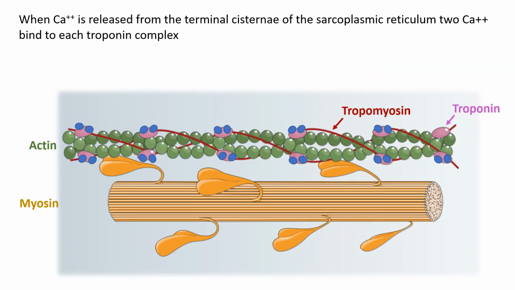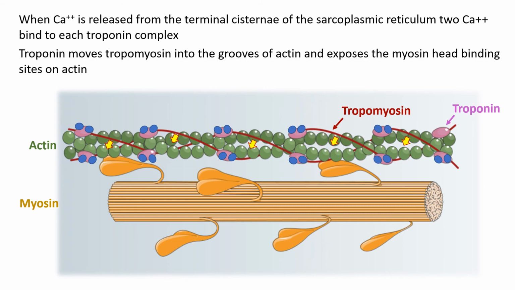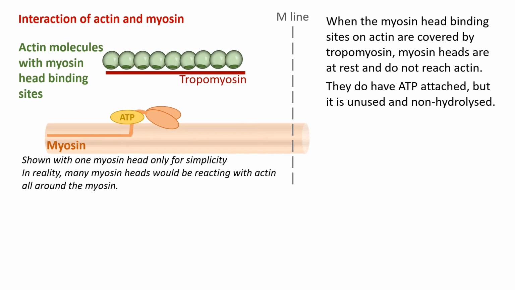So when calcium is released from the terminal cisternae of the sarcoplasmic reticulum, because we've activated the DHP, which have activated the ryanodine, two calcium bind to each troponin complex. Troponin then moves tropomyosin into the grooves of actin and exposes the myosin head binding sites on actin. And now we can have our interaction.